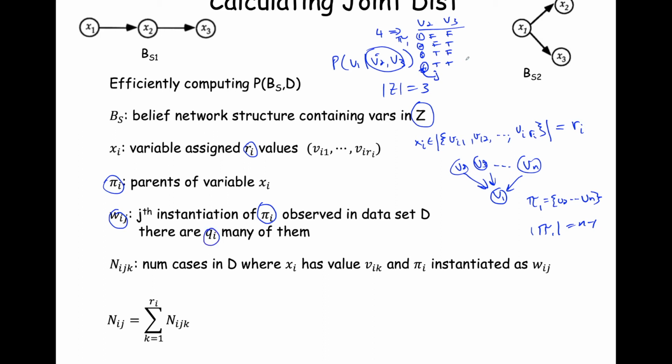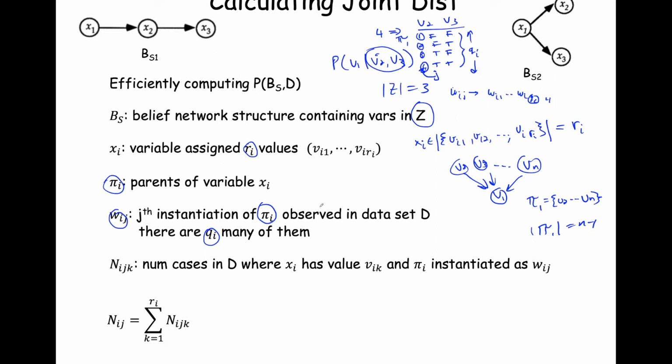So qi, in this case, and the jth instantiation, wij, is going to range from wi1 up through wi qi, where qi is 4 for this example. And so wij represents the jth instantiation of the parent set observed in the data, and there are qi of them that you observed in the data.